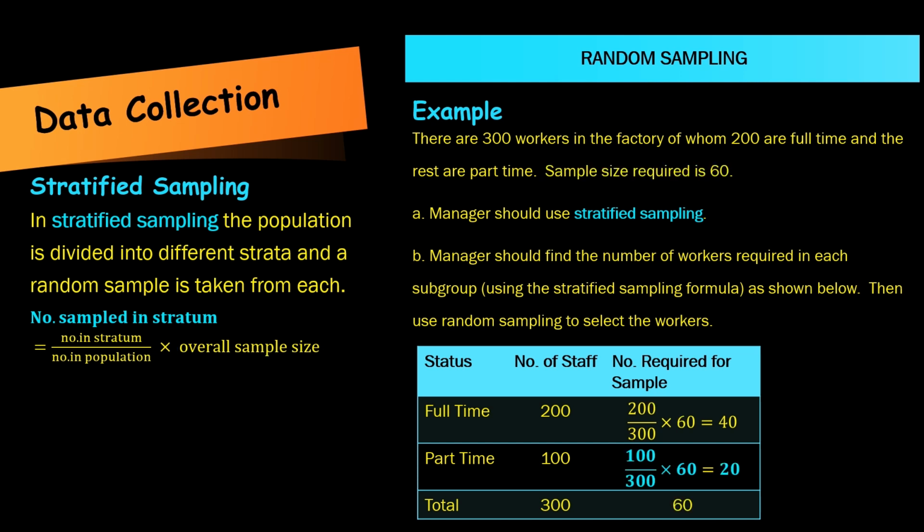And therefore calculating this gives us that we're required to have 20 part-time staff in our sample. Notice that the total of full-time and part-time staff adds up to 60.